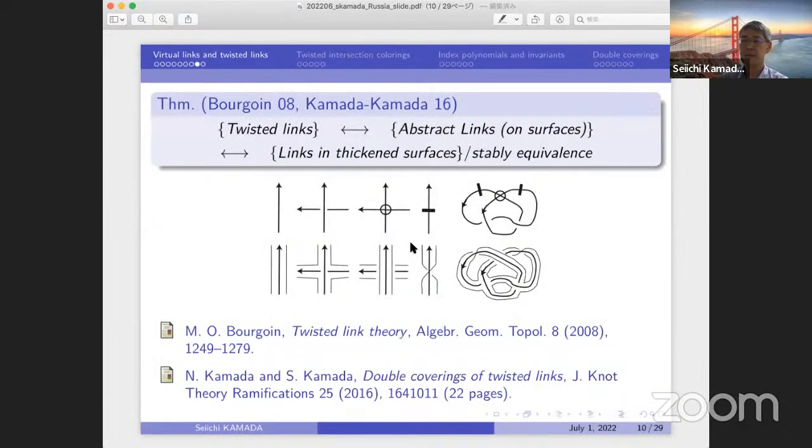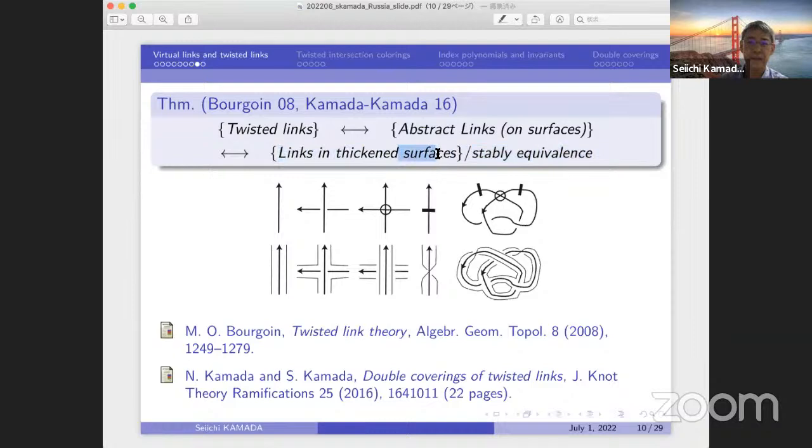Similarly, for twisted links, the following is known. Twisted links are in one-to-one correspondence with abstract links, but here we should consider surfaces which are not necessarily oriented. Non-orientable surfaces are possible. And also there is a one-to-one correspondence with links in thickened surfaces, modulo stable equivalence.